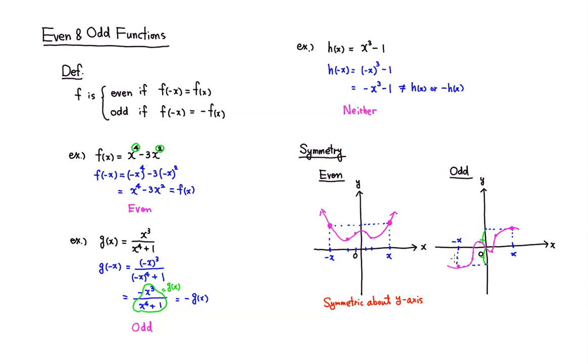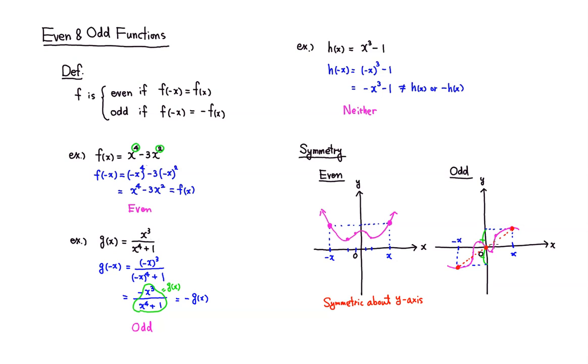You can see that this is symmetric about the origin. Which means that if you pick a point and go straight to the origin, and go to the other side with the same distance, you're always going to find the corresponding point.